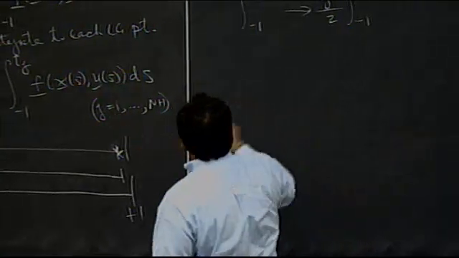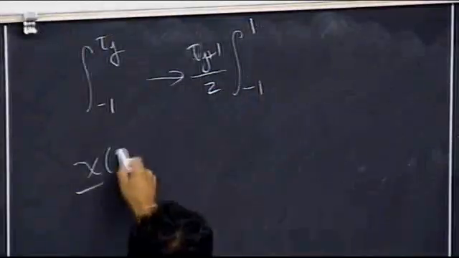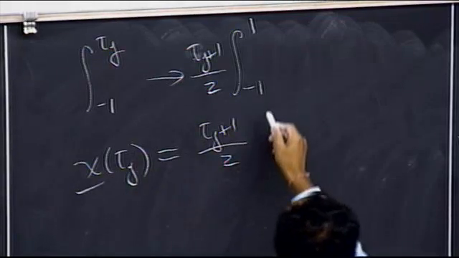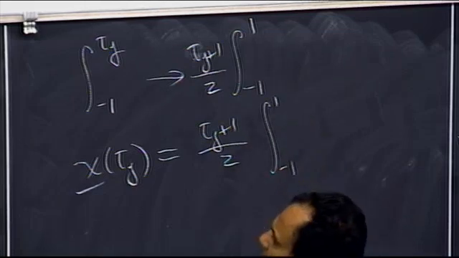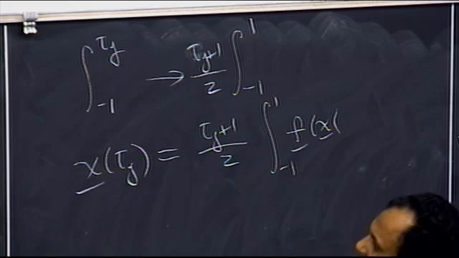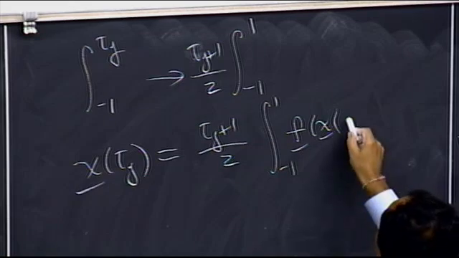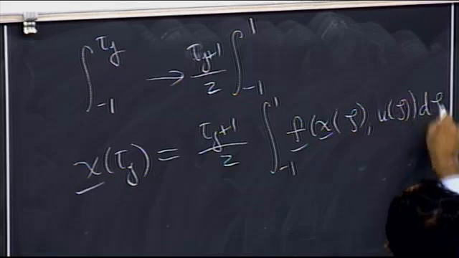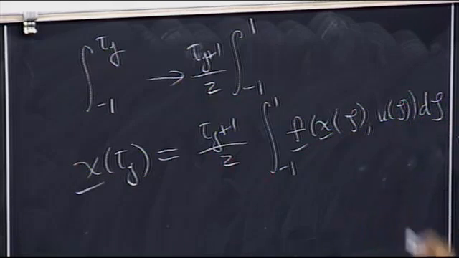So what he did was he said, well, I can write this. X of tau j is equal to tau j plus 1 over 2 times the integral from -1 to 1 of f of x of zeta, u of zeta, d zeta. He said, well, I can do that.